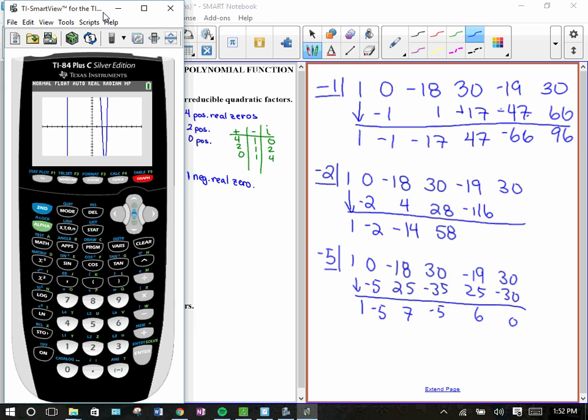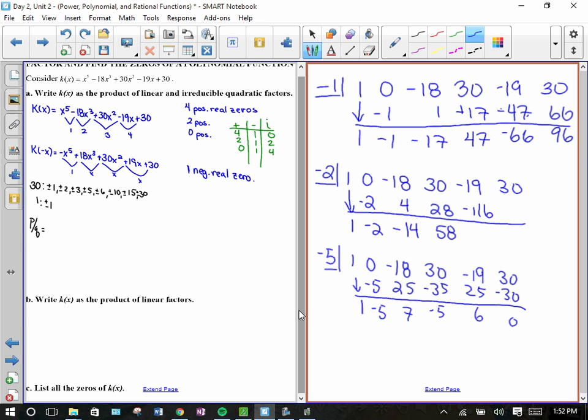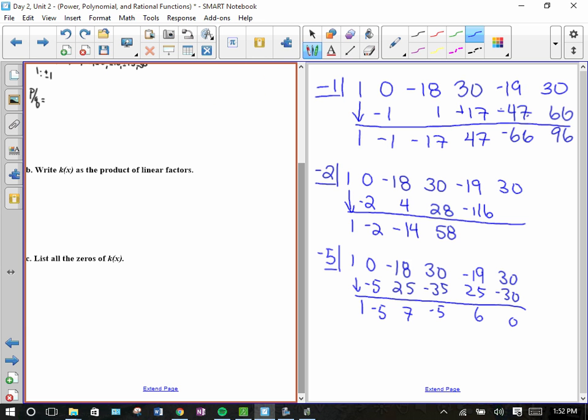Right. So over here, we're going to start slowly writing this as a product of linear factors. So, we know that k of x is equal to x plus 5 times x to the fourth minus 5x to the third plus 7x squared minus 5x plus 6.